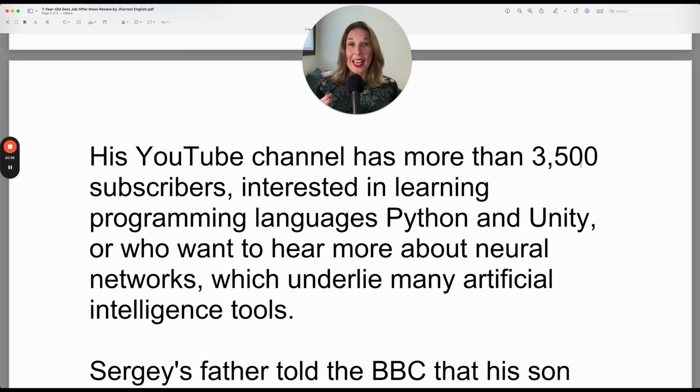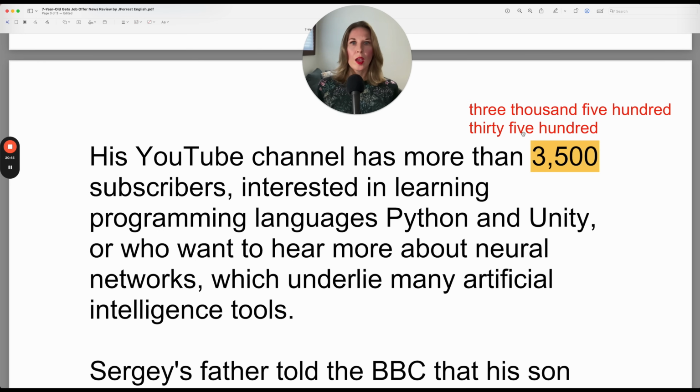You don't need that "and." "Thirty-five hundred" works because two zeros represents 100. So I wrote down how you would say them, and notice nothing is plural here. There's no S on "hundred," for example, because the S is on the noun, which is "subscribers." So this is where you find your S, not on the number.